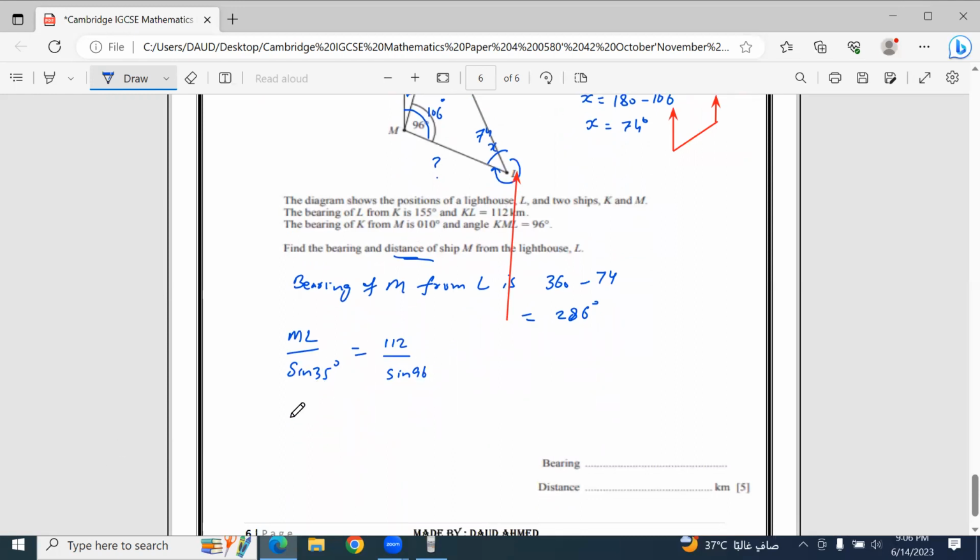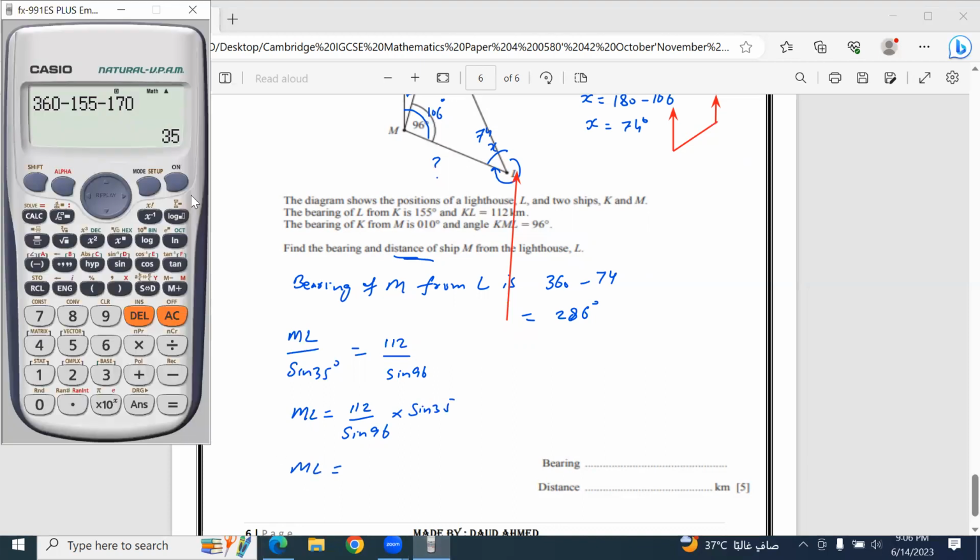So here ML is equal to 112 over sine 96 multiplied by sine 35. We can check in the calculator. So here 112 divided by sine 96 multiplied by sine 35 gives me a math error, so we have to check one by one. 112 divided by sine 96 equals, it's a math error.